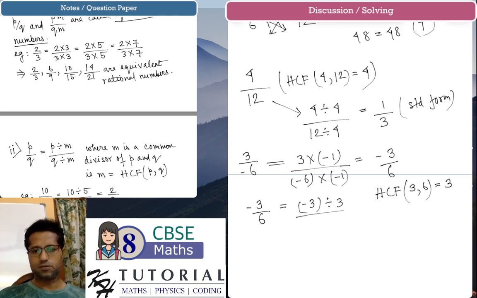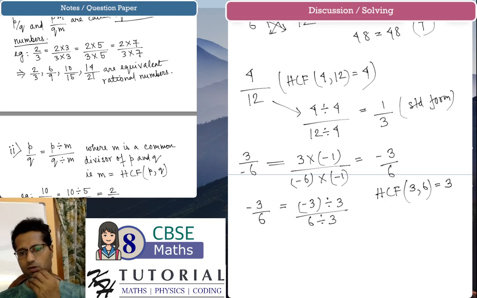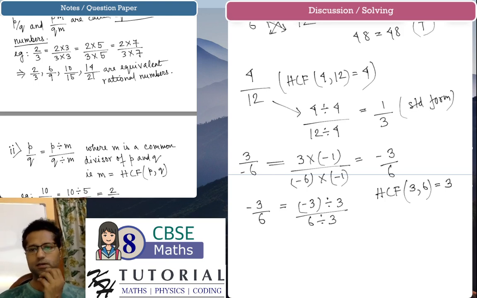We can do this since, ignoring the signs, the HCF of the numerator and the denominator is not equal to 1. In this case it is 3. So we can always divide both the numerator and the denominator by the HCF. Minus 3 divided by 3 is minus 1, and 6 divided by 3 is 2. Now this is in standard form.